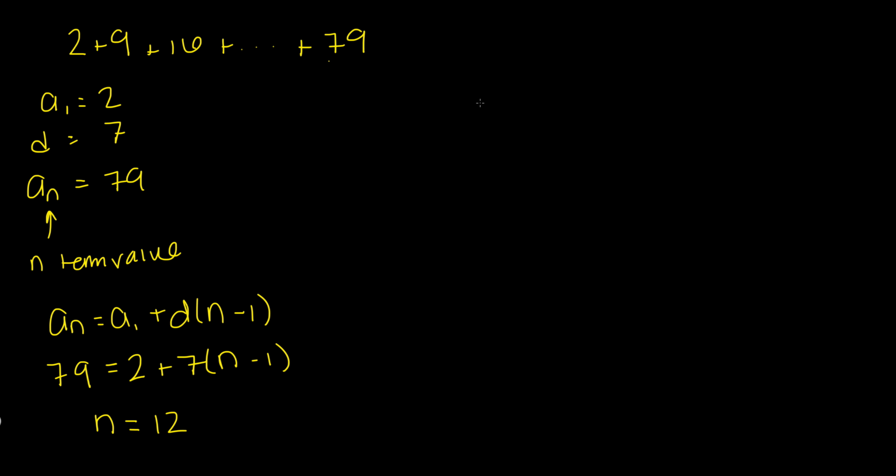The next part, so we found that n equals 12. The next thing I'm going to do is sum from i equals 1 to 12 of 2 plus 7 times i minus 1. I'm going to simplify this a little, clean it up.